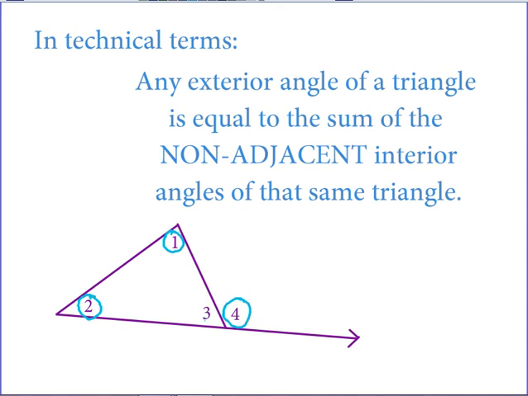These are adjacent angles, which makes 1 and 2 the non-adjacent angles. So 4 is going to equal the sum of 1 and 2, right? Our exterior angle is equal to the sum of the non-adjacent interior angles.